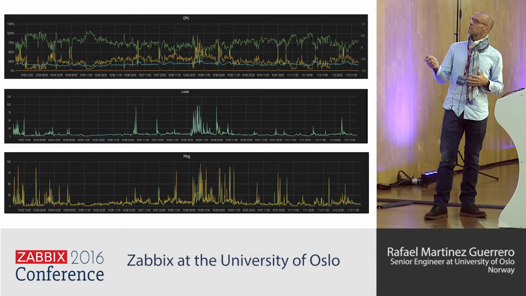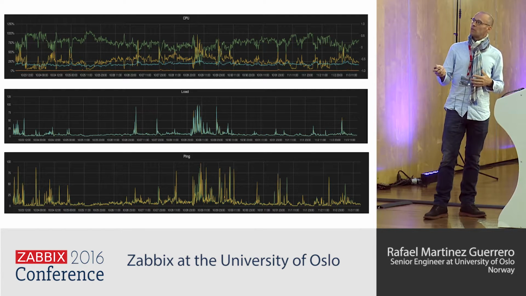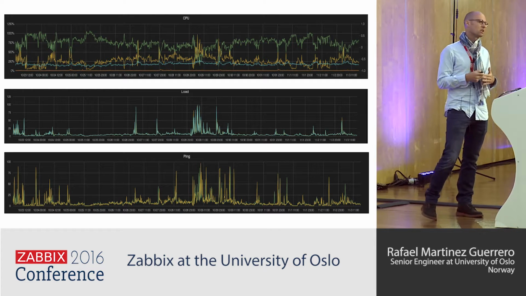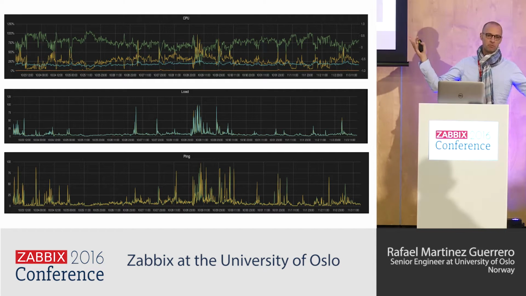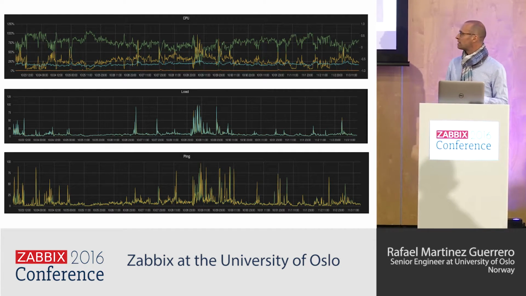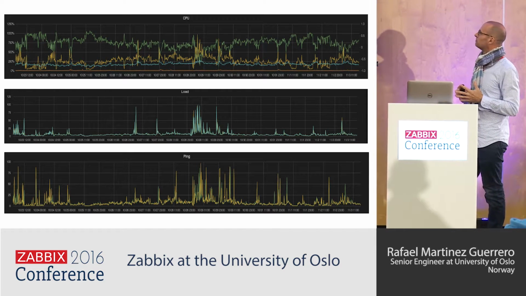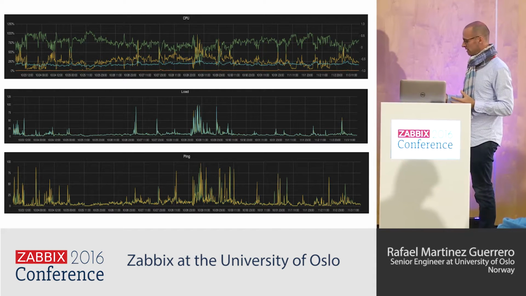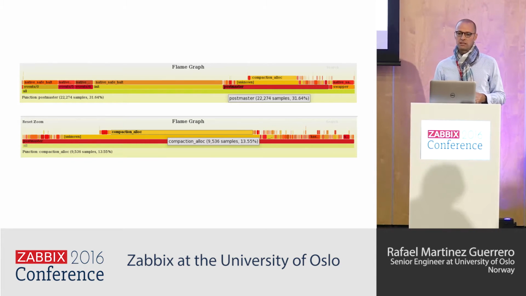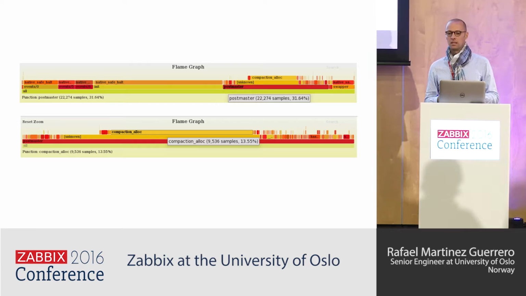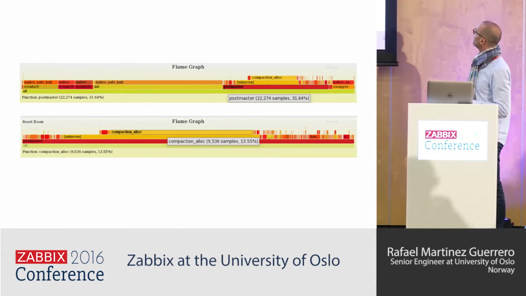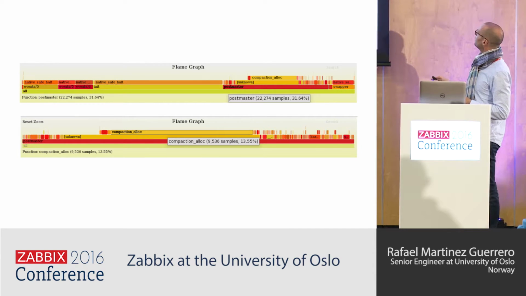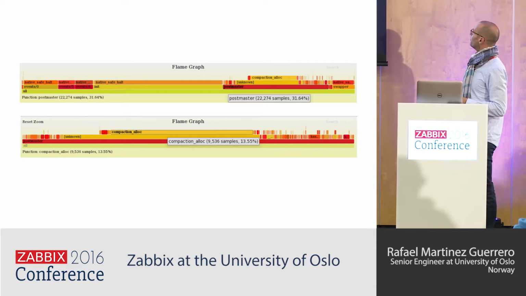You can see here the load. We have some really nasty peaks of 50, 100 in load. Every time we were in that period, Zabbix was not able to process all the data coming in. The queues were going up very fast, and yeah, it was messy. What we did was run some profiling to find out the system calls going on in the system, and we found a system call called compaction alloc.